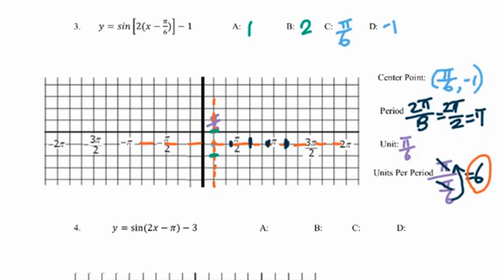This is a sine function, means from the center point going up like this. So you need to figure out 1, 2, 3, 4, 5.